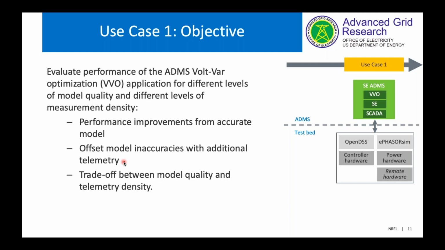So we looked at 2 axes of both model quality and more measurement density on the system, and the trade-off between those. There was a precursor project that did a detailed simulation of 4 different model quality levels and 4 different measurement density levels, and that report will be made available by NREL in the near future.